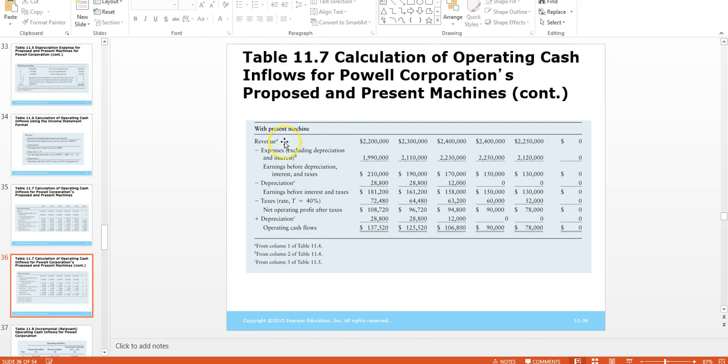Here's the present machine. Okay, so here's the depreciation for the last 3 years.